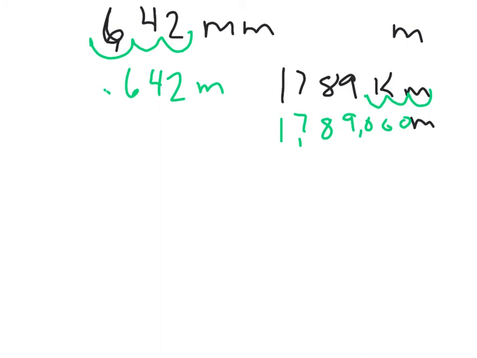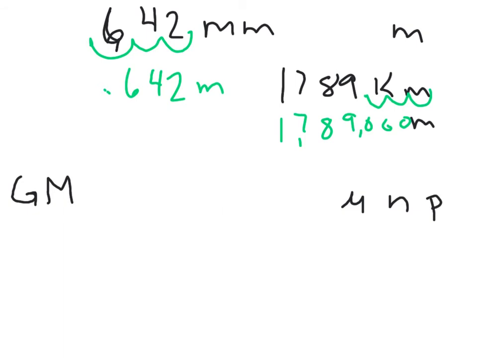So giga is a big G. Mega is a big M. Micro, nano, and pico are small. So I'm going to put them next to milli. So micro is kind of like a curly M. So that's micro, nano, and pico.